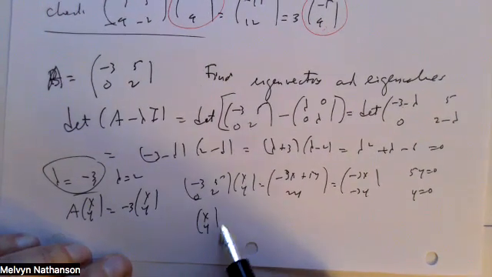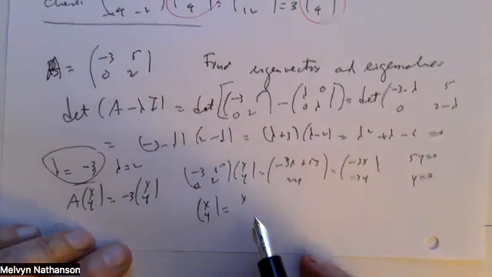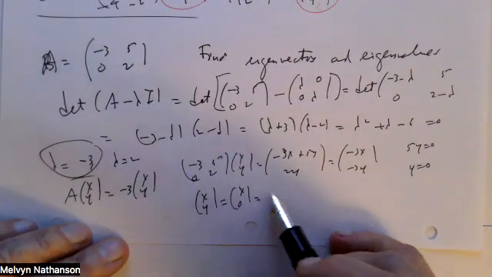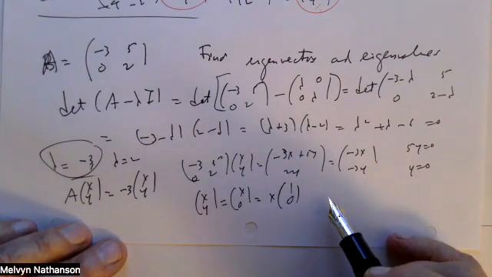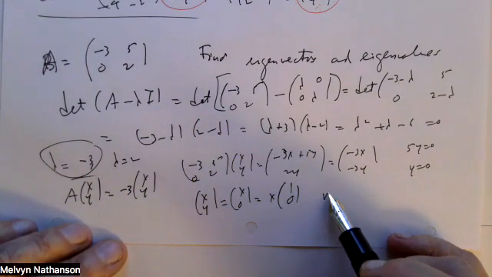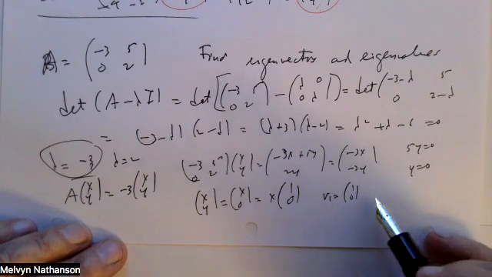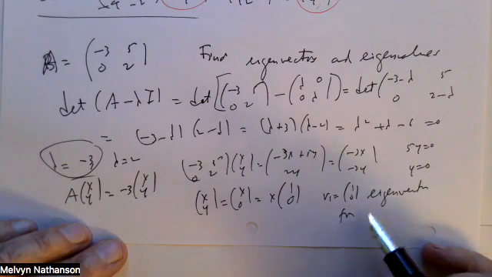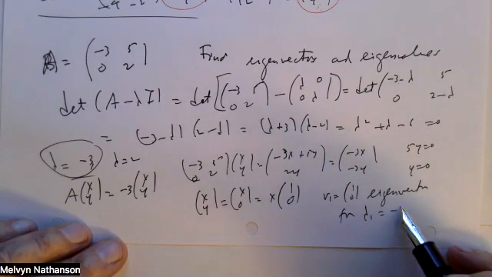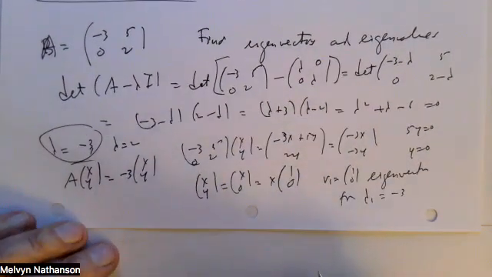So xy is just x, 0, or x times the vector 1, 0. So if you let v1 equal 1, 0, this is an eigenvector with the eigenvalue minus 3. That's pretty easy.